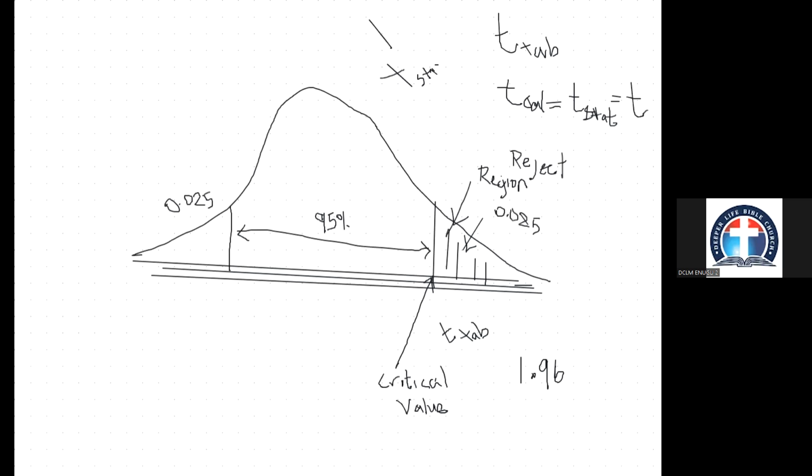I've just explained to you the T tab. The T tab is what you got from the table. Now, please take note of this, very, very important. For the Z test we have been discussing so far, are you getting it? The Z test, that's the normal distribution test before we enter into the T test.